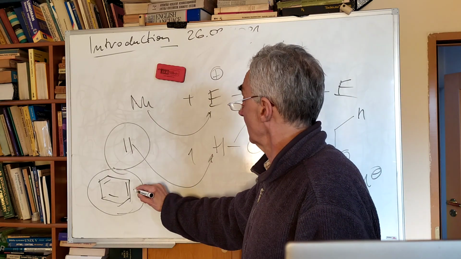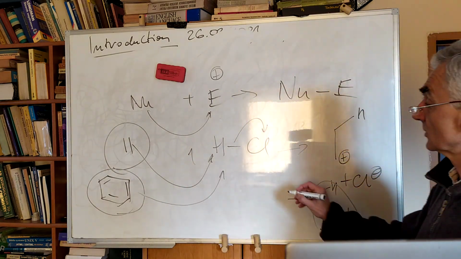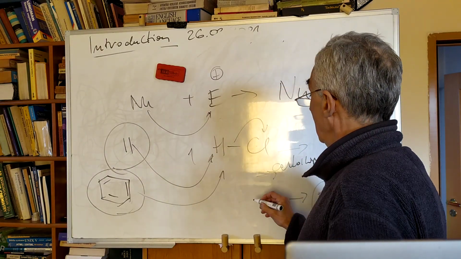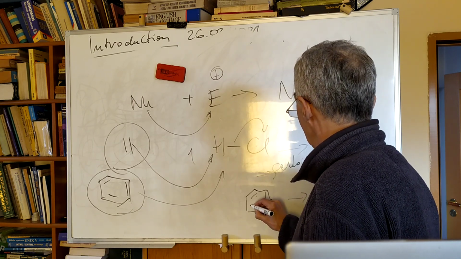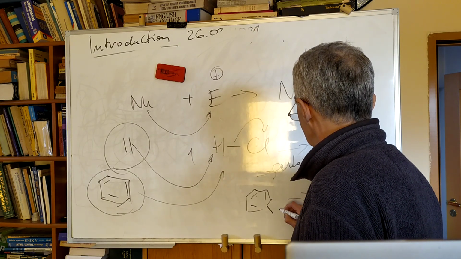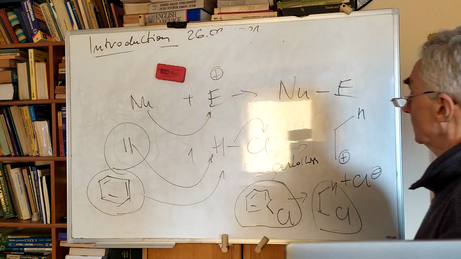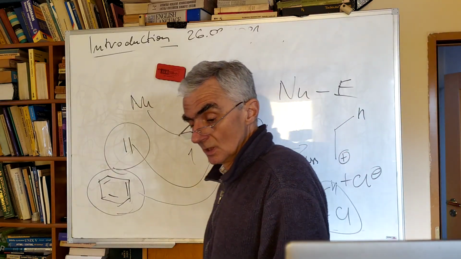So we can have a similar reaction with some catalyst. We should have a catalyst here, and we will have the product of the addition, but we should have a catalyst which removes this hydrogen.